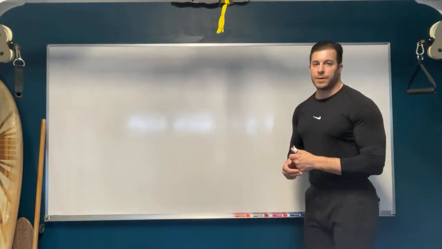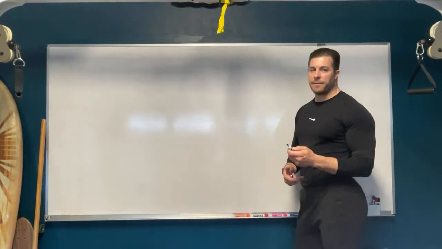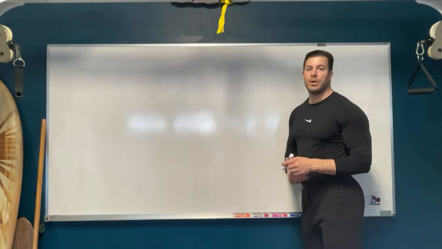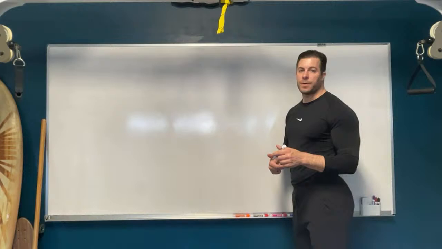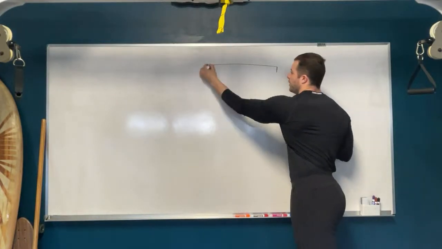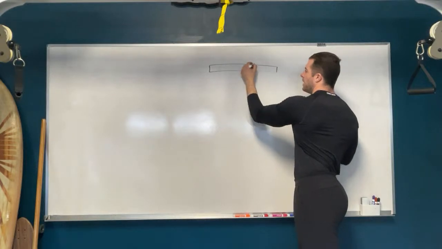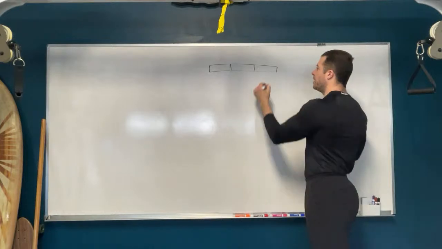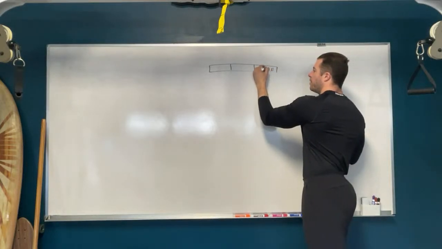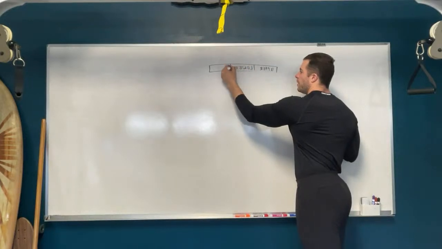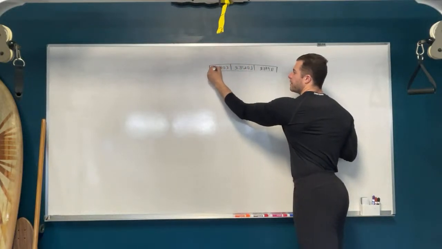So first off, we have different types of exercise categories we'll talk about, and then we will talk about the subcategories for those exercises. Let's first start off with the three main types of exercises for the entire body. We have upper, we have lower, and we have core exercises.